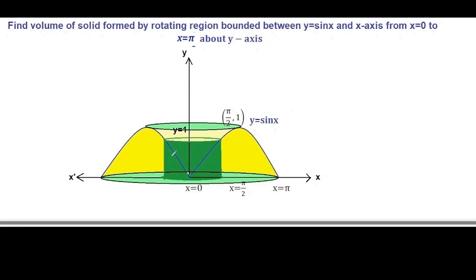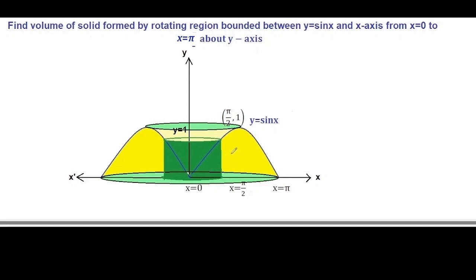So if we integrate the volume of the cylinder so formed from x equal to 0 to x equal to pi, then that will give us the volume of the entire solid. And the volume of the cylinder can be found by multiplying its curved surface area with its width.